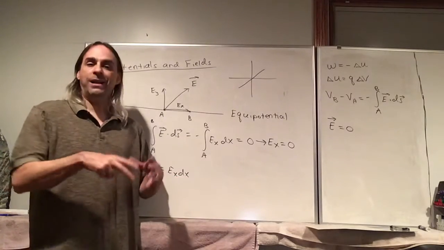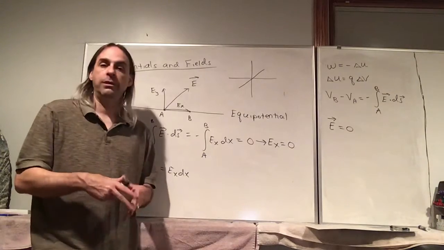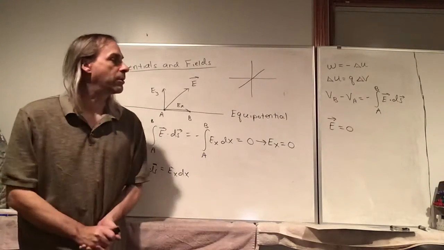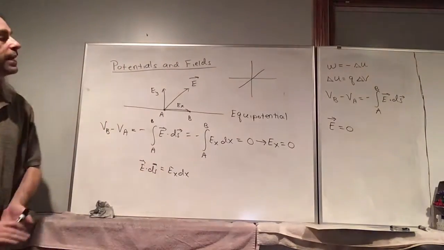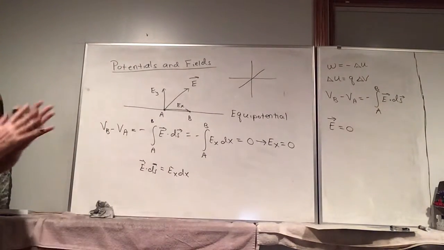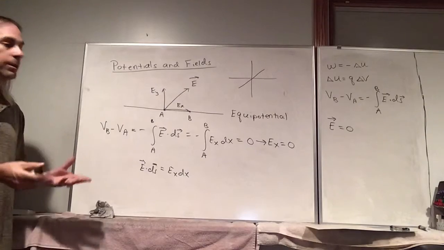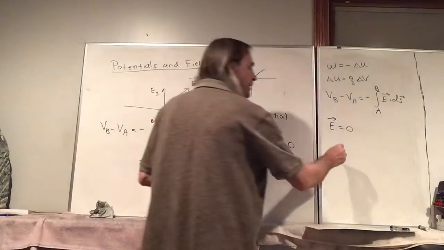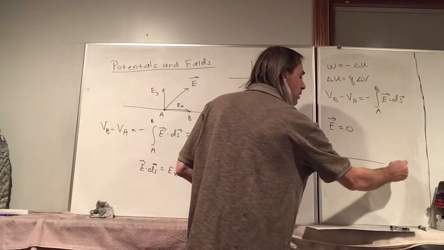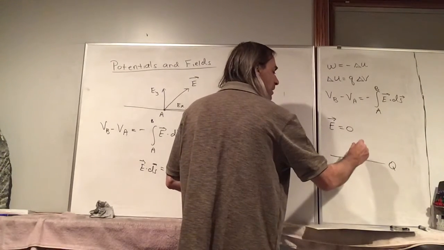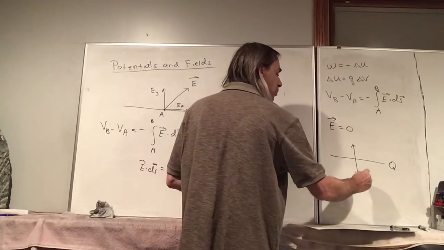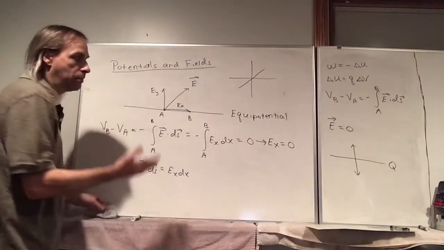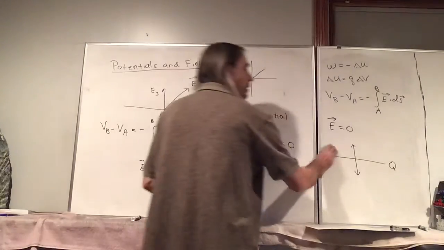And so a conductor is generally an equipotential, unless you have a changing electric field. But we're dealing with electrostatics now. So a practical example: if you have a metal plate and you charge it, the electric field has to be perpendicular to that plate. You can't have an angle there because the conductor is an equipotential.